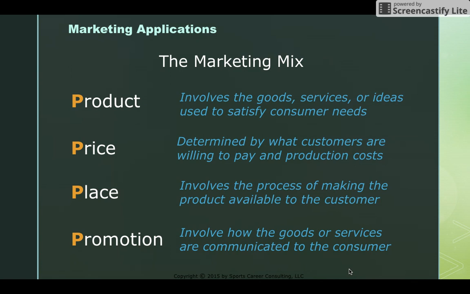So are you going to have a commercial? Is there going to be an ad in a magazine? Are you going to have a radio advertisement? A lot of promotion is advertisements. Coupons are also considered in promotion. So if you're giving a deal or a sale or something along those lines, all of that is within promotion. So you're communicating to your consumer. What is the most effective way to communicate to your consumer with this?